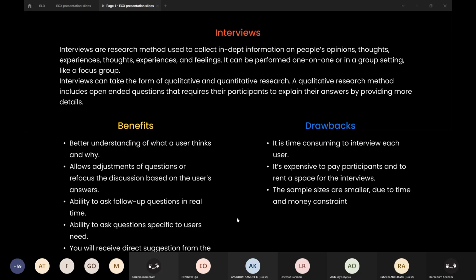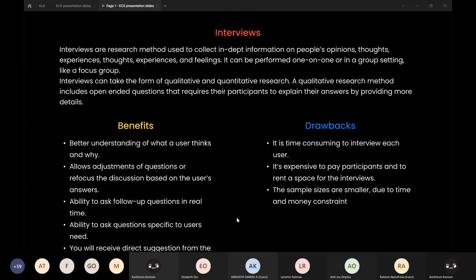So the drawbacks of the interview research method: it is time consuming to interview each user. Like I said, it is mostly done with a minimum of a few people, because it takes more time than the other methods of research. It's expensive to pay participants and to rent a space for the interviews.